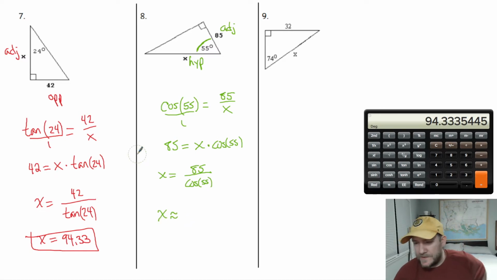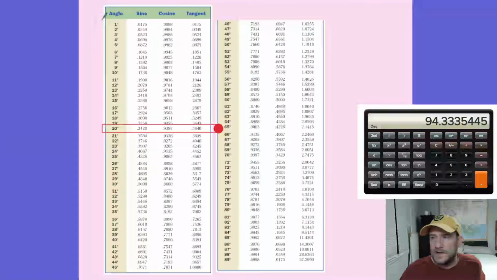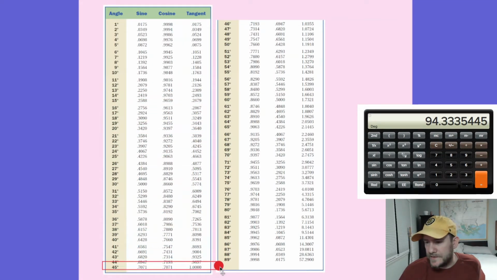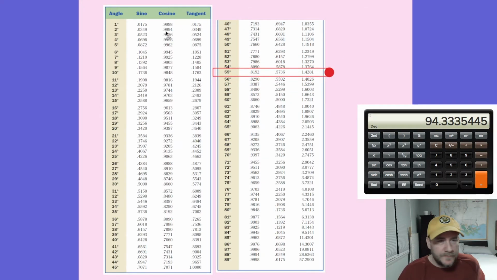And we just use our calculator to figure this out. Let's do this one with our table, just for the sake of argument. So it'll be 85 divided by whatever our table says the cosine of 55 is. So go to your table. Look for 55. There's 45. Back to the top. There's 55. And cosine's the middle column. So you want the 5736.